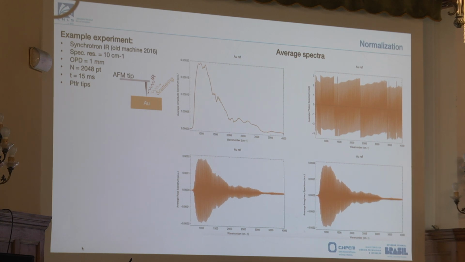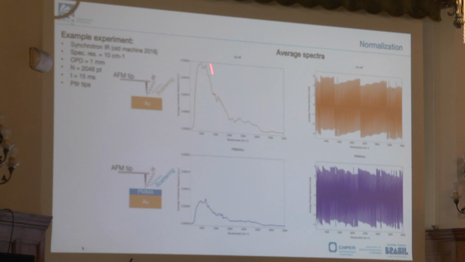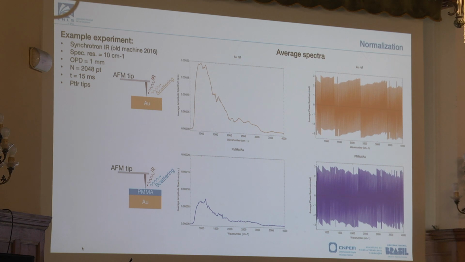All right, so we can do the same for the PMMA sample, for example, right? You can see here that the amplitude drops. Of course, it's a weaker scatterer compared to gold. That's a sort of mirror. And we have also the phase spectra here. The phase is wrapped here, but don't worry about that right now.